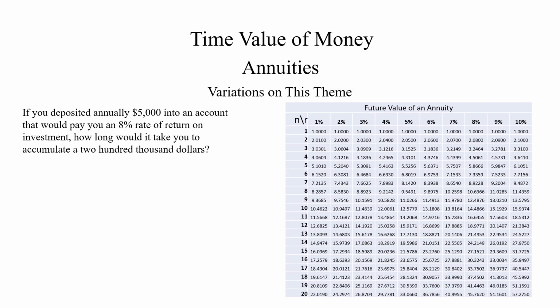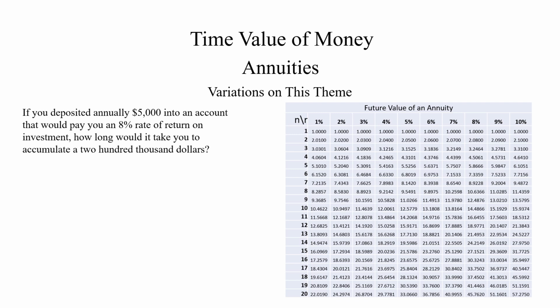Now let's try another problem, but with a little bit of a twist. If you deposited $5,000 annually into an account that would pay you an 8% rate of return on investment, how long would it take you to accumulate $200,000?